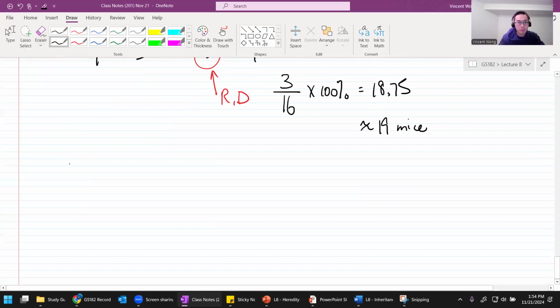I can give you another example quickly. Let's say again the mouse situation. Big W, small w, big L, small l, cross, small w, small w, big L, small l. Let's take a look at the gametes.